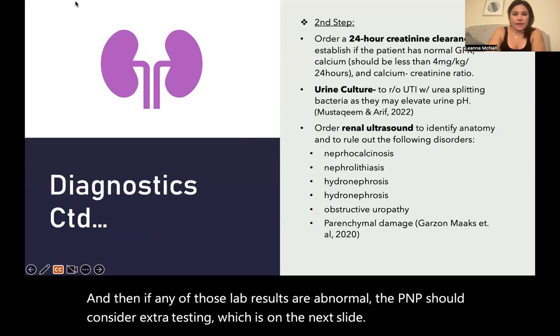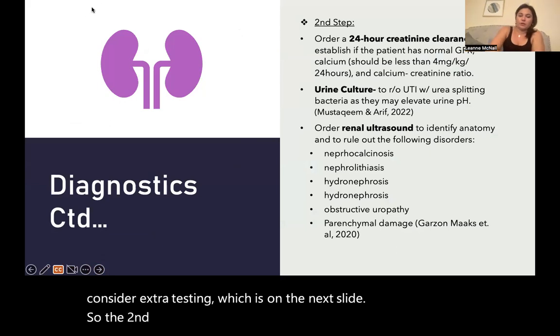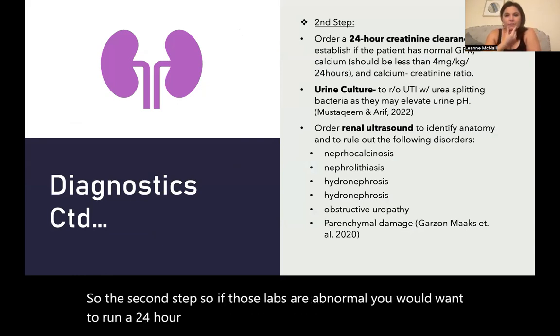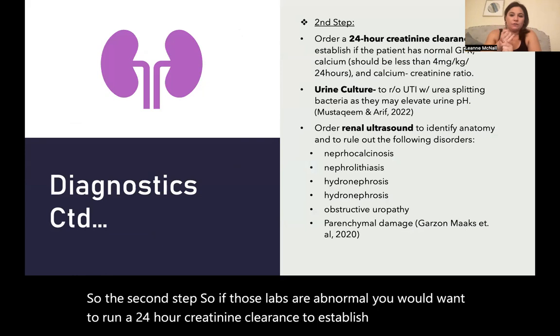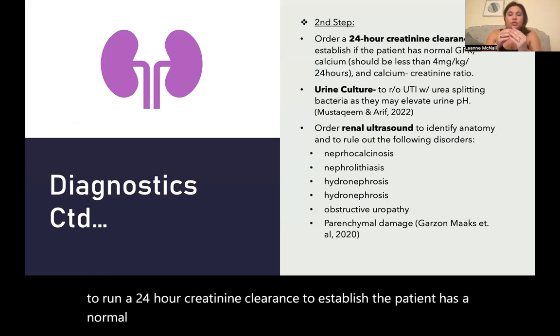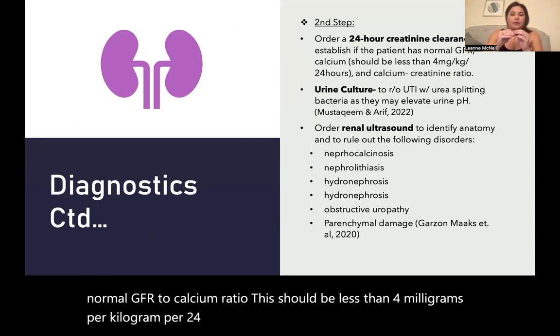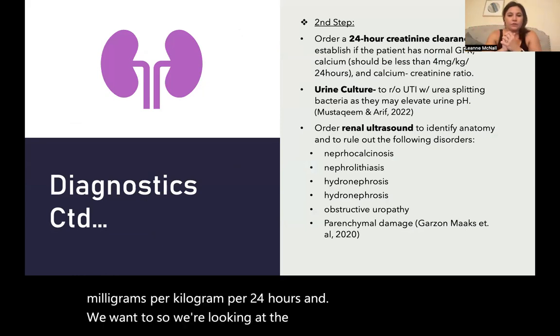So the second step: if those labs are abnormal, you would want to run a 24-hour creatinine clearance to establish if the patient has a normal GFR to calcium ratio. This should be less than 4 milligrams per kilogram per 24 hours. So we're looking at the calcium to creatinine ratio for that.